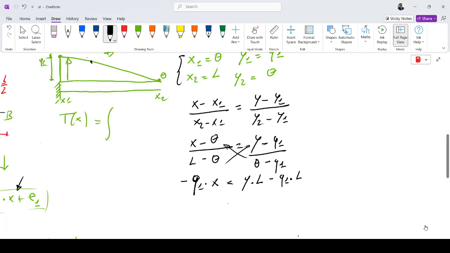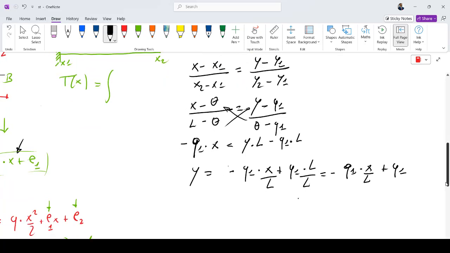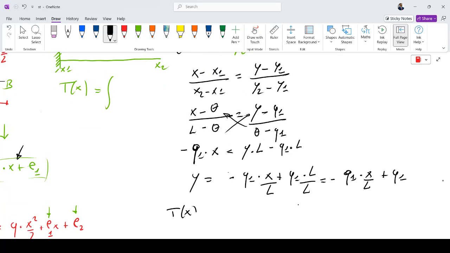We have minus q1 times x equal to y times L minus q1 times L. Solving for y, we obtain y equal to minus q1 times x plus q1 times L, divided by L. Finally we obtain minus q1 times x over L plus q1, and this is the equation to put in the integral.